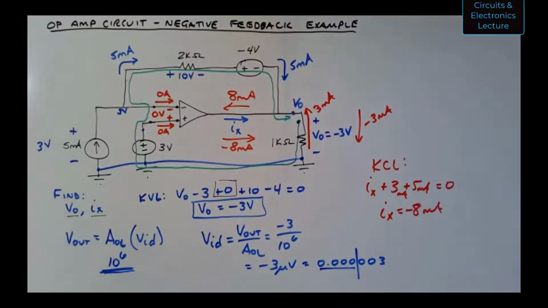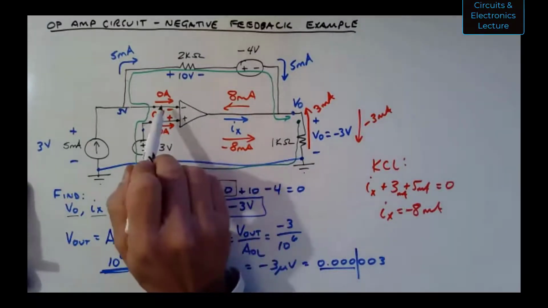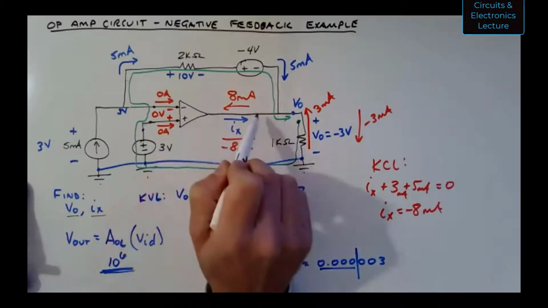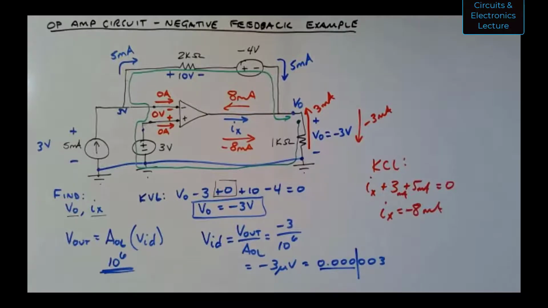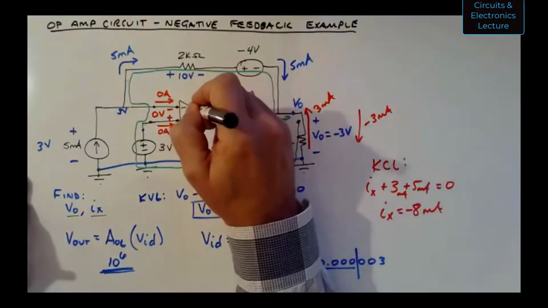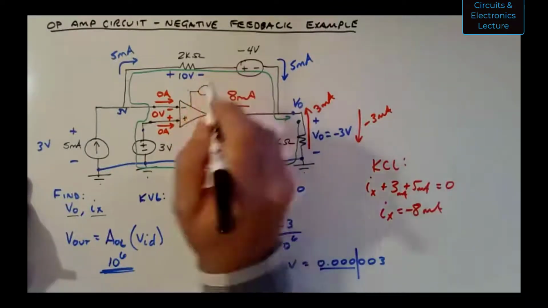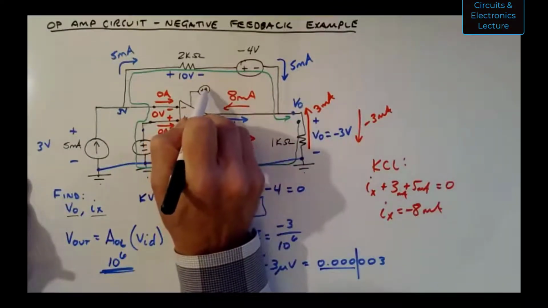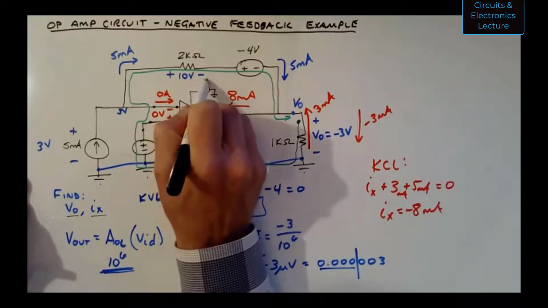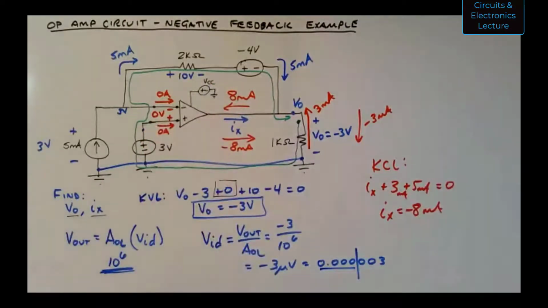Here's a question. People ask me, well, wait a minute, you have 0 milliamps coming into the op-amp from the left, and you have 8 milliamps coming into the op-amp from the right. Where's that going? Well, here's where it's going. If I say plus, minus, and I'm going to put a ground there, this is VCC. It's some voltage, like 10 volts.